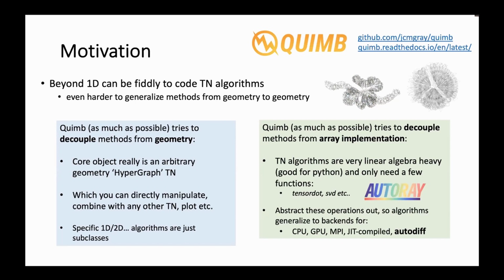So Quimb tries to abstract out all of these array methods using this library autoarray, and that means you can write code once and hopefully it generalizes from your CPU to GPU or MPI tensors, or you can trace through the whole computation. And importantly, it means you can use a whole host of different autodiff libraries for computing gradients of tensor computations. Next slide.